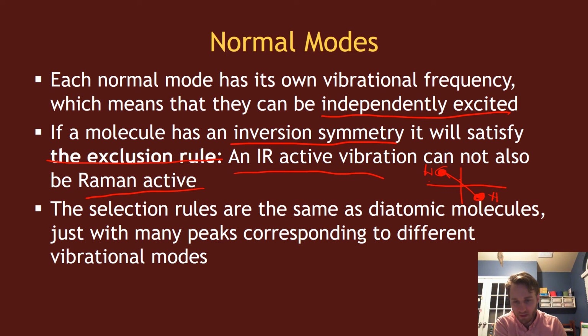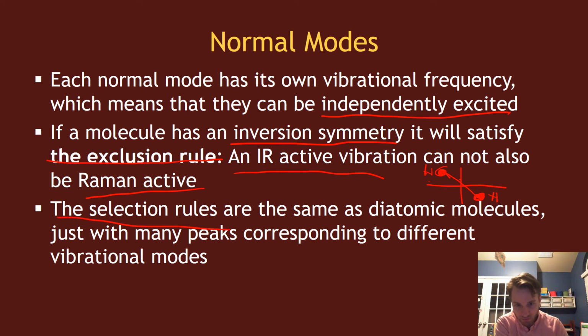If I take the coordinates of one hydrogen and invert it through the center, it'll end up at the other hydrogen, and the molecule looks exactly the same. So there's inversion symmetry. If your molecule has inversion symmetry, then a given vibrational mode is either Raman active or IR active, but never both. It could be neither, but it can never be both.